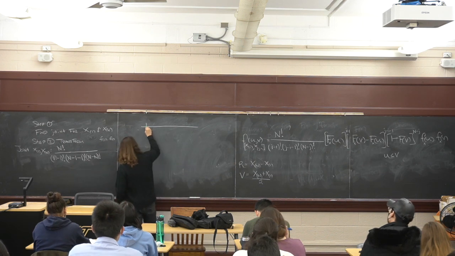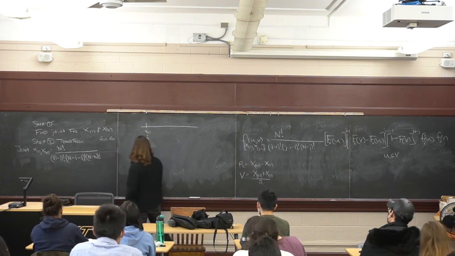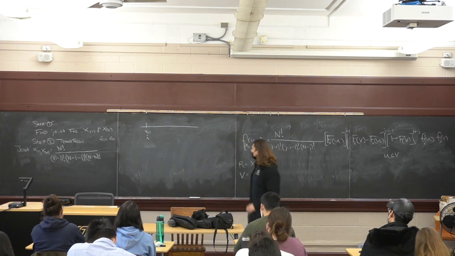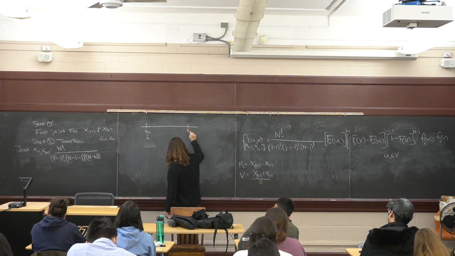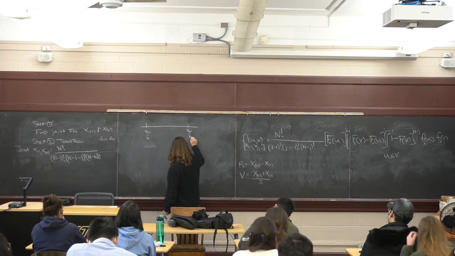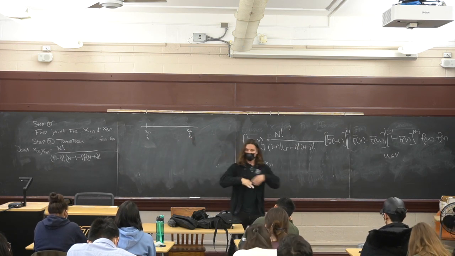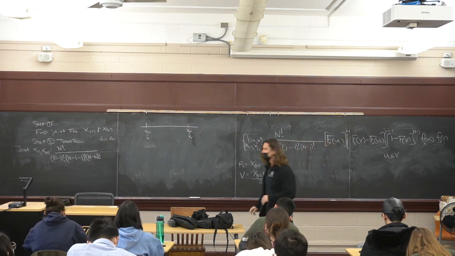I'm going to call this value x of 1, I'm going to call it x1. Don't confuse that for the first element of the draw. It's just a favor to us. So x of n, I'm going to say its value is xn. Again, this is not the nth draw from my distribution. It's the position of the nth largest thing.